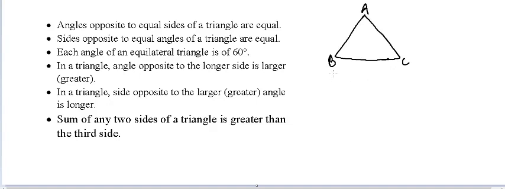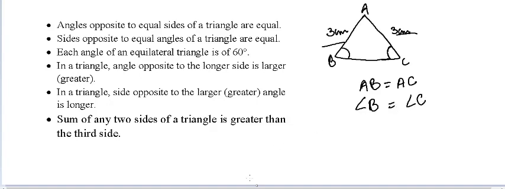Angles opposite to the equal sides of triangle, if it is 3 centimeter and it is 3 centimeter. If the sides are equal, right, then the angles opposite to the equal sides are also equal. So that means if AB is equal to AC, then angle B will also be equal to angle C. This is my first property.